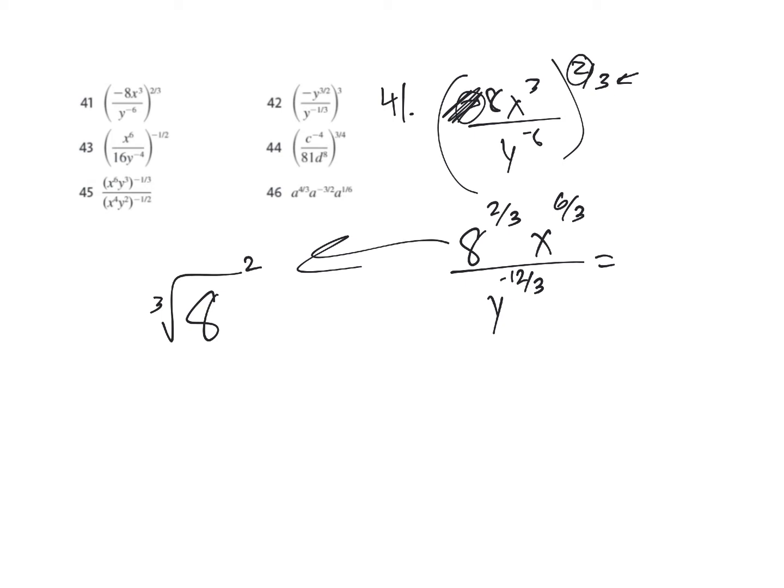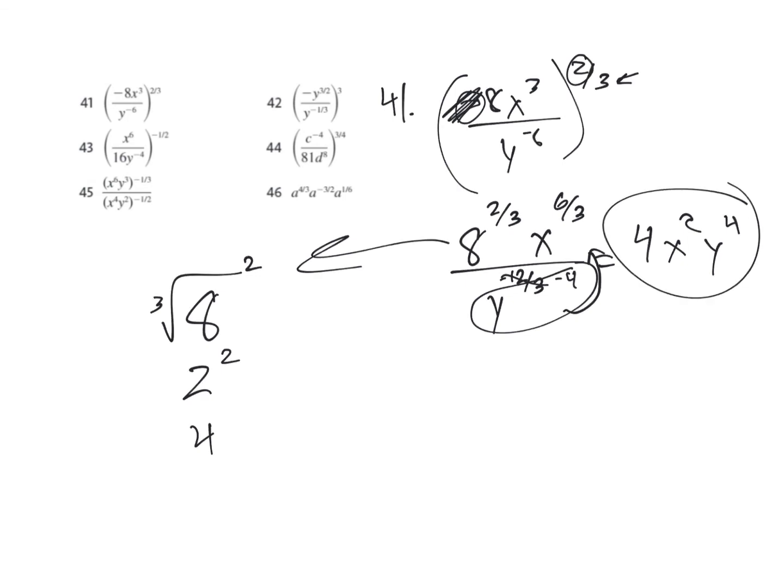Cube root of 8 is 2. 2 squared is 4. 6 over 3 is 2. And negative 12/3 is negative 4. So to make that positive, we're going to move it to the opposite position. Numerator, y to the 4th. So 4x squared, y to the 4th.